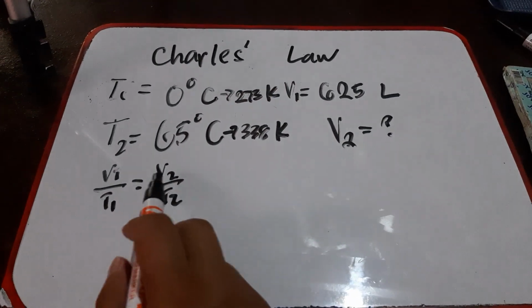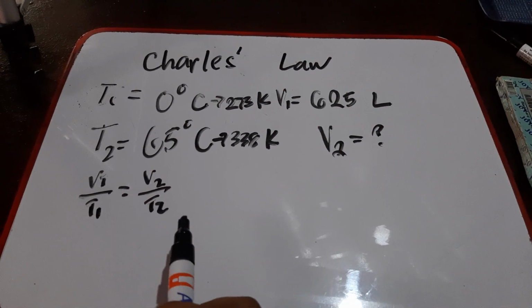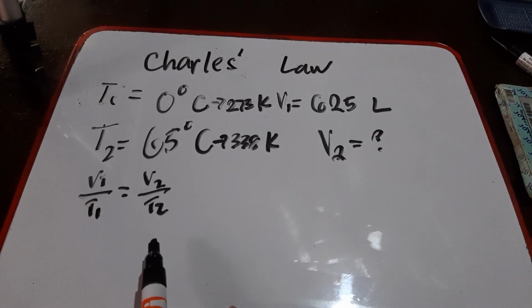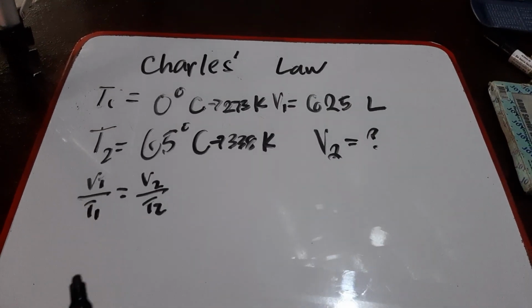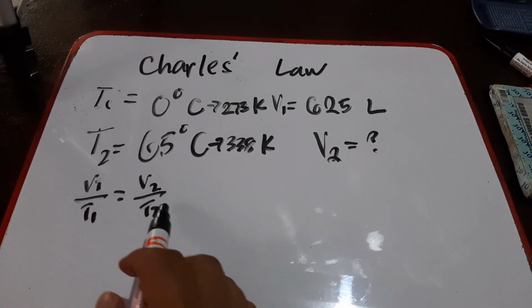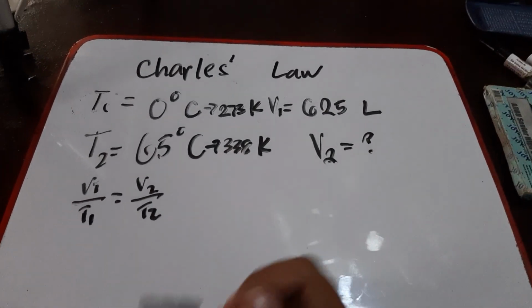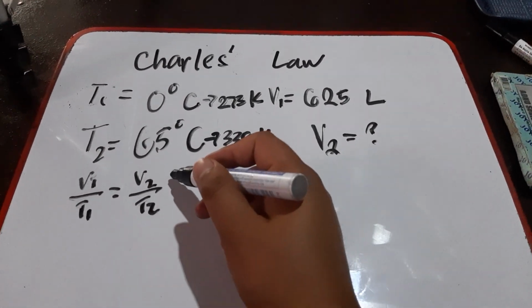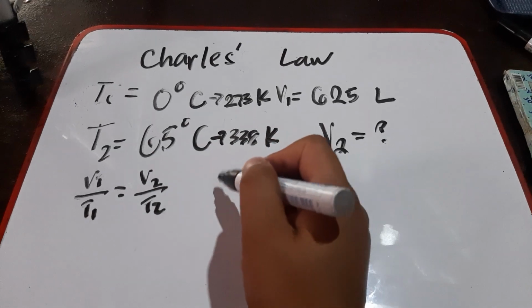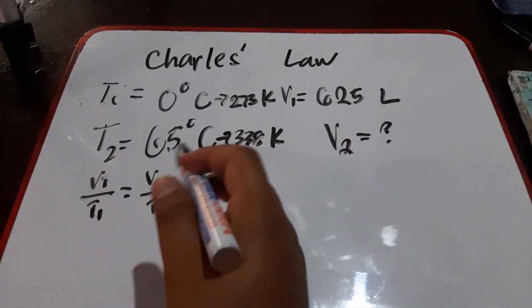We are looking for V2. So, your basic math teacher would tell you what we should do first. Let's do it step by step. We cross multiply, meaning we use their multiplicative inverse. Now, that's the appropriate term. We multiply both sides by T1 and T2, if you can follow. Or, your teacher would just say, you cross multiply.